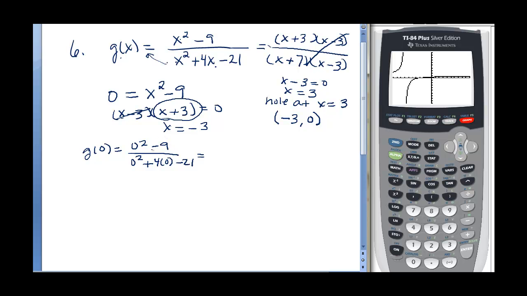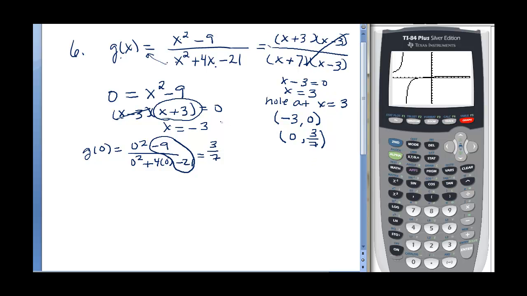So that's just going to be negative 9 over negative 21, which simplifies to 3/7. So I know that I have a y-intercept at 0, 3/7.